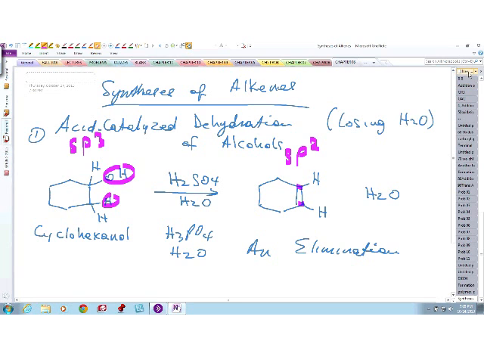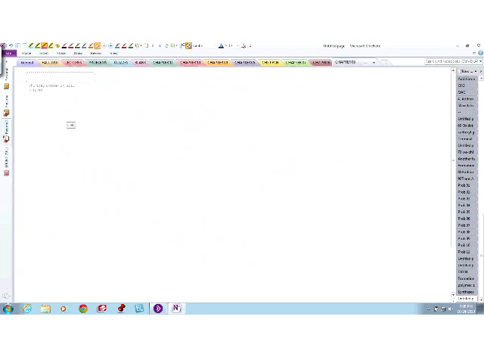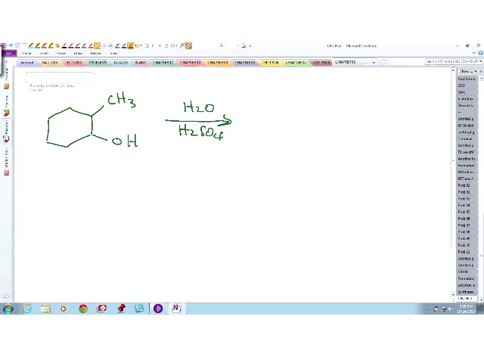Okay? Now, supposing we have this, and I add this, we want to do an acid catalyzed dehydration of this molecule here.